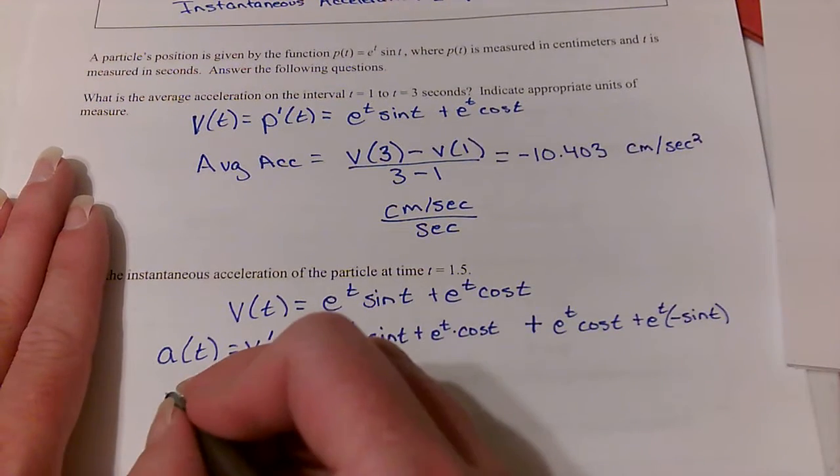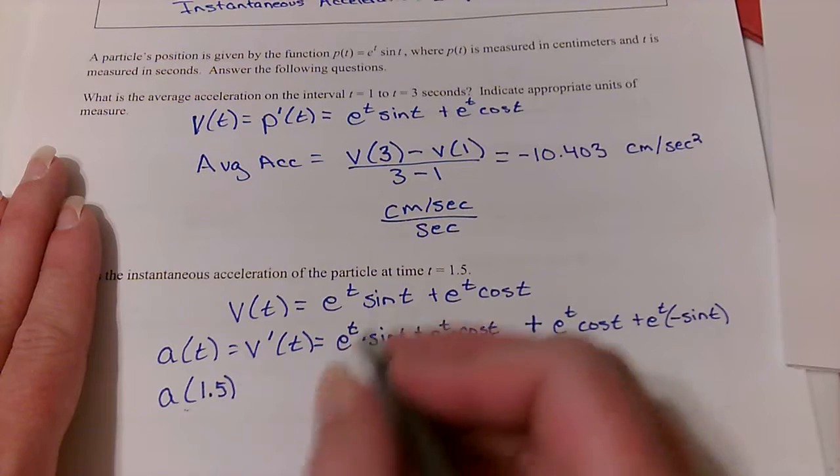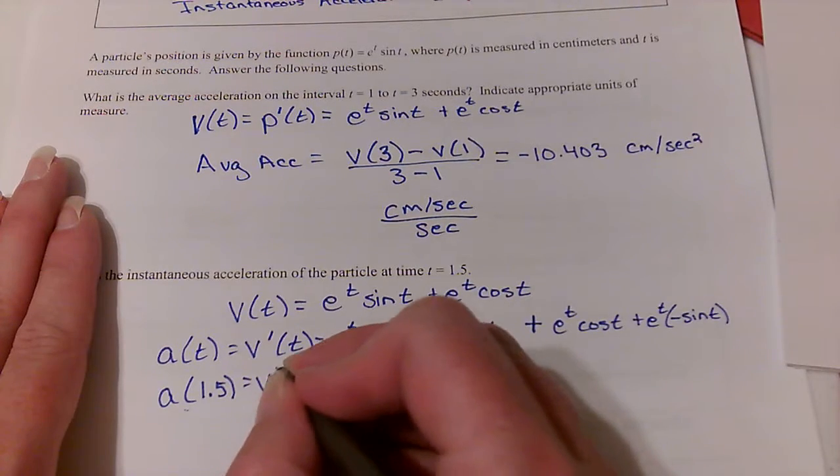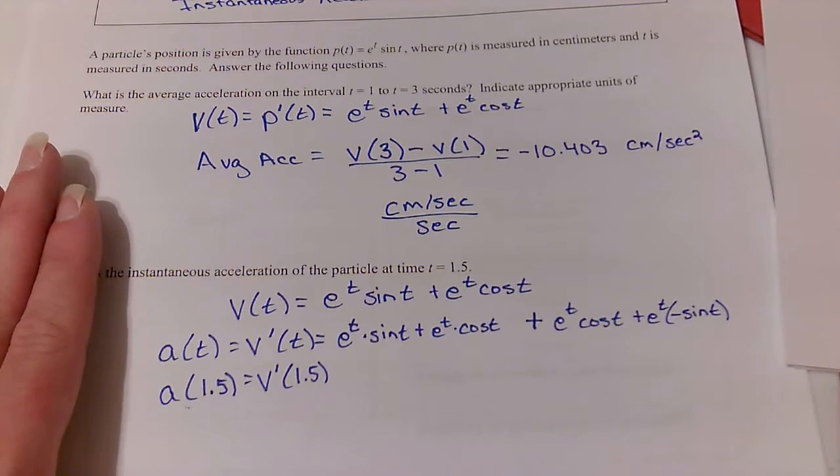And if I wanted to find that instantaneous acceleration at 1.5, I'm going to be plugging in 1.5 for all the t's.